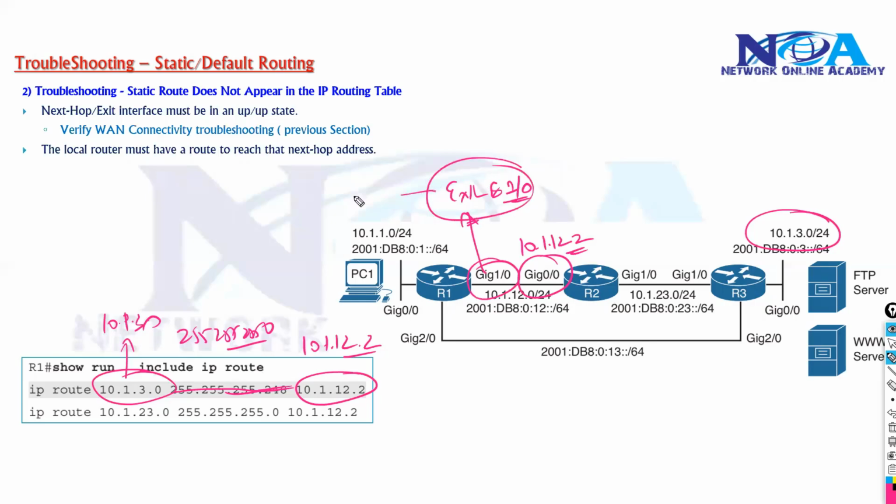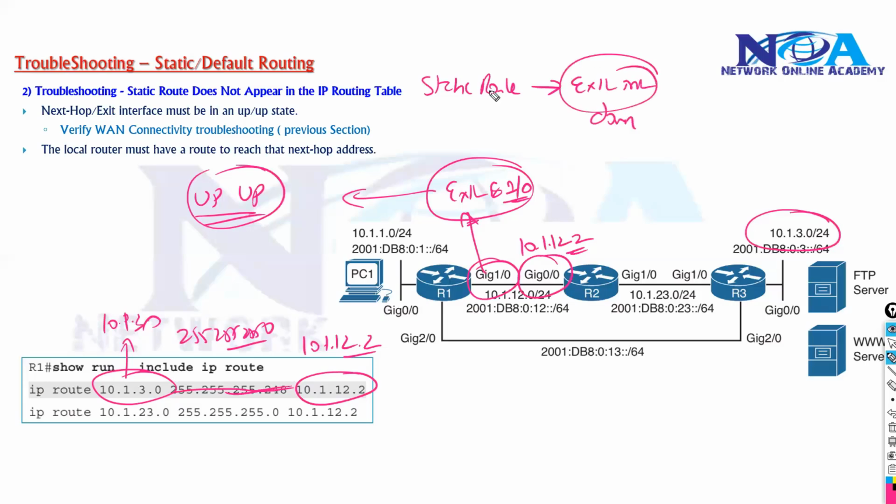We have to verify this interface should be up and up, because if there is a static route, or whatever the route, and the interface it is pointing to is down, then automatically the router is not going to install the route in the routing table.